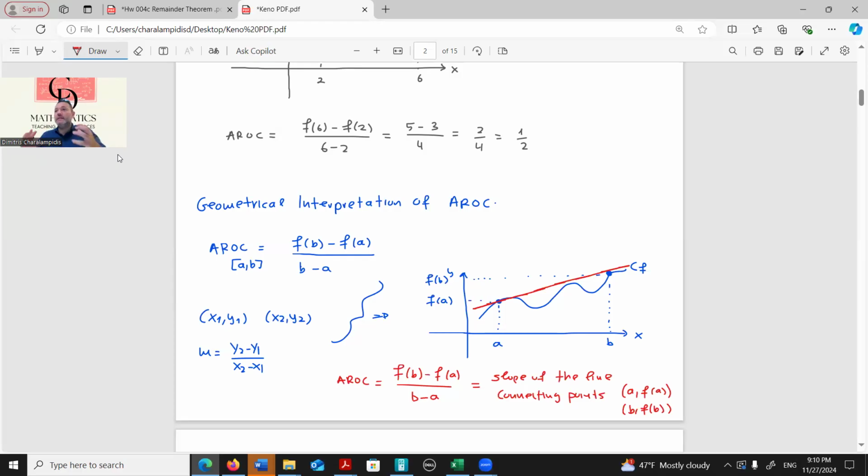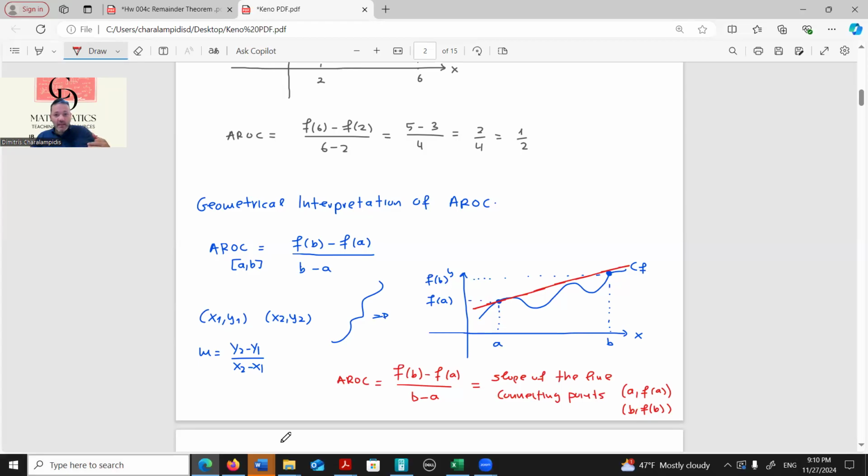And by now, we should keep these key parts. Average rate of change is a measurement, a number that shows how much the y values of a function change on average on a given interval every time the x units increase by 1. In order to calculate that, we have a certain formula, and through that formula, we actually understood the geometrical interpretation, which is that it refers to the slope of the line connecting these two endpoints.